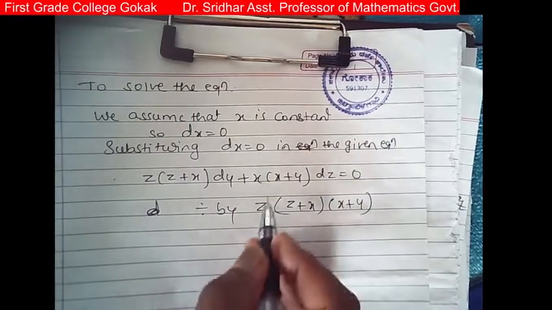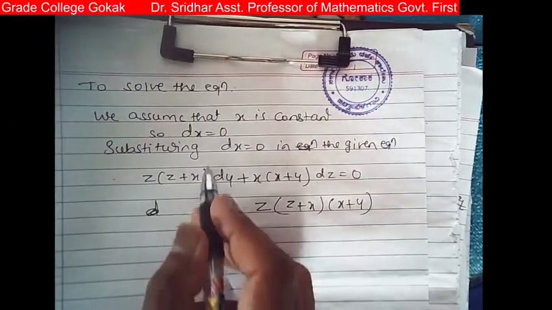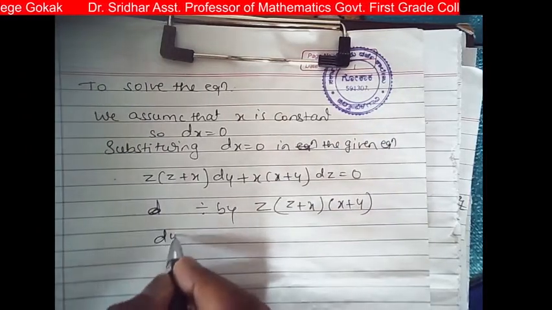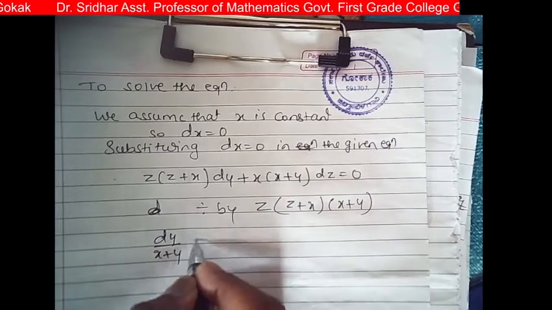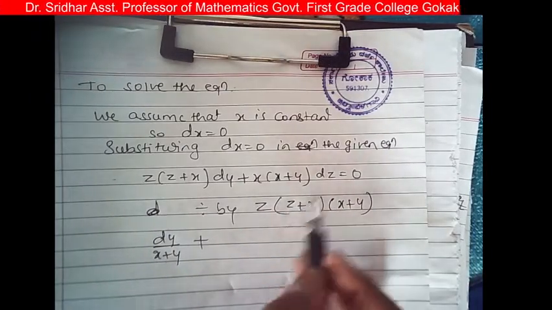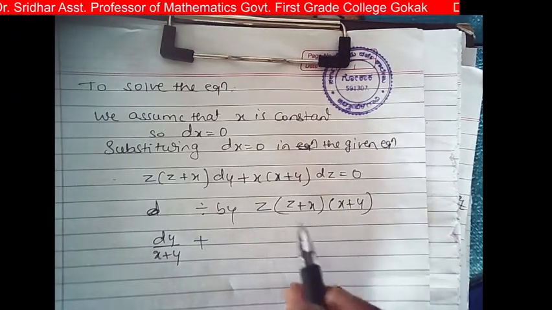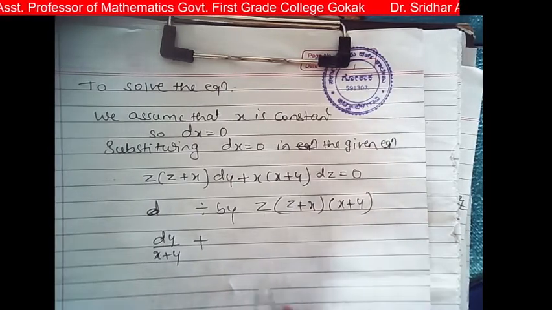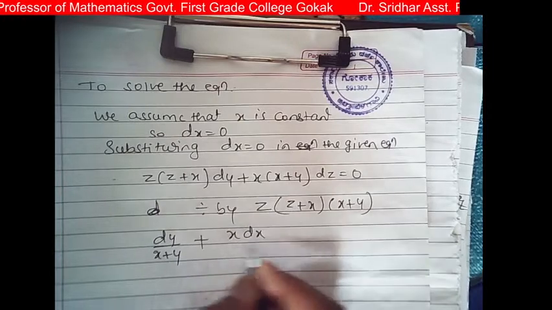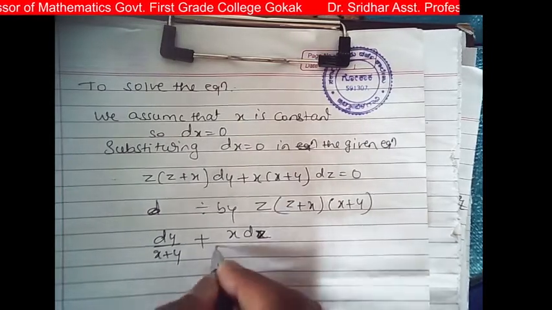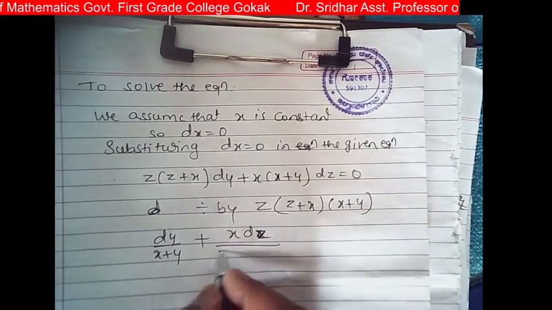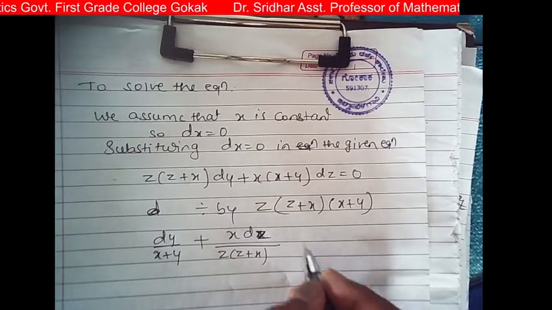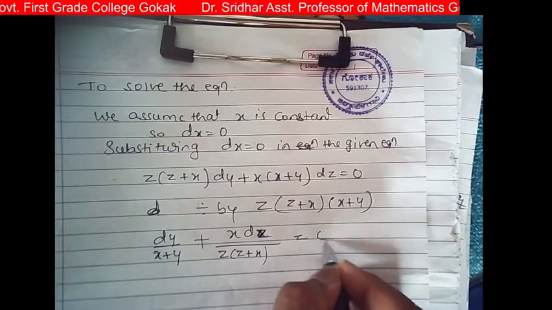So then what happened here, z get cancelled, z plus x get cancelled, and x plus y remains. So that is dy divided by (x plus y), plus when you divide this by this term, this x plus y get cancelled, which gives x dz divided by z into (z plus x) is equal to 0.